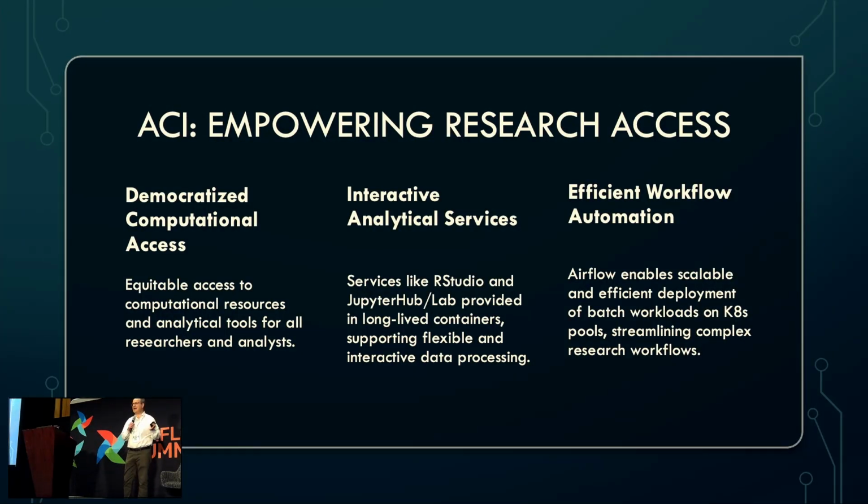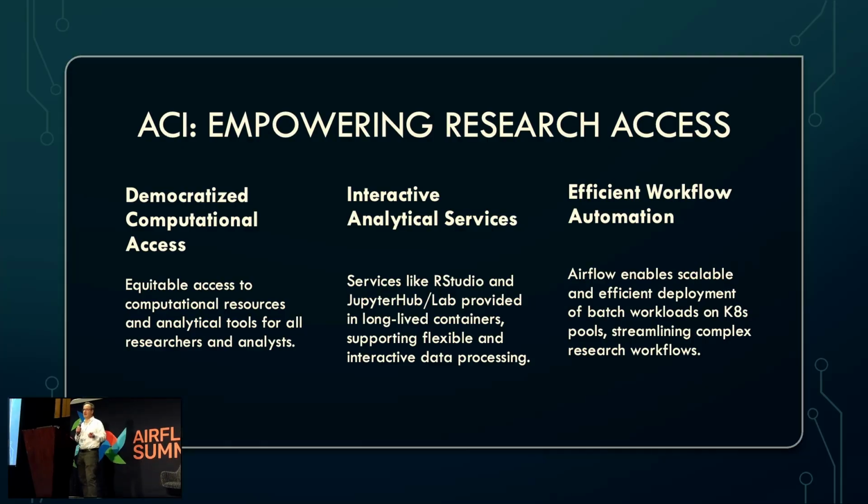So the ACI, that Advanced Computational Infrastructure, empowers research access. So we try to democratize our computational resources while still dealing with the fact that we've got a limited number of those resources. We do things like provide long-lived containers that our researchers will use to do their analyses.